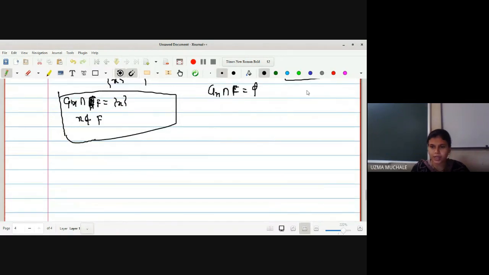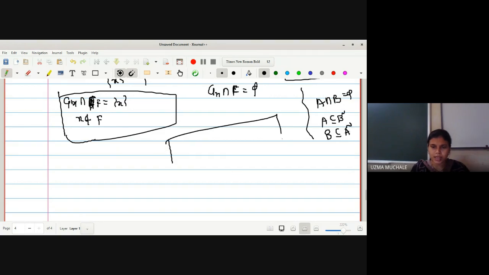If you have A intersection B equal to the empty set, what is the possibility? A is contained in B complement, or we can write B is contained in A complement. Let me show you with the diagram.